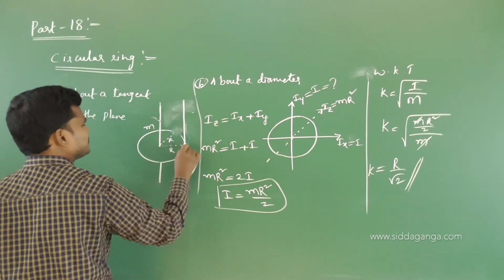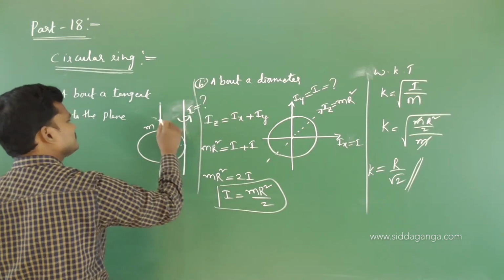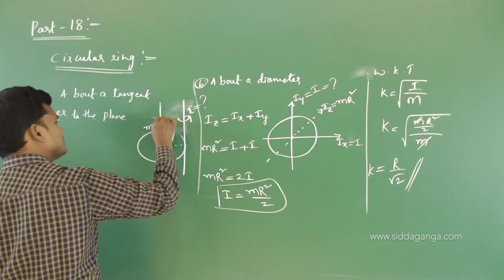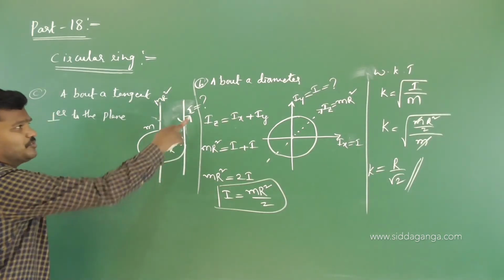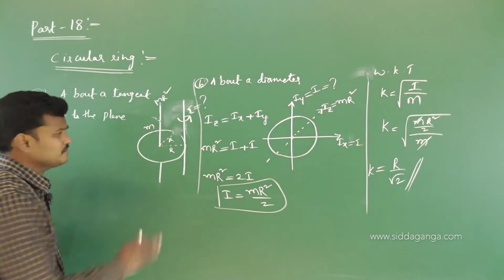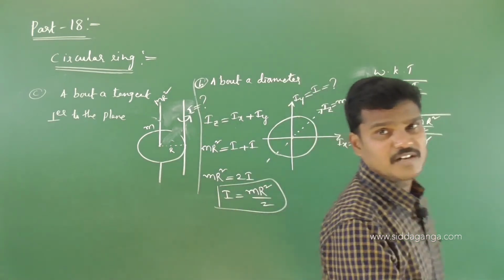So about this axis, our target is to find this value. This is already done. About this line, we got it as mR square. About this axis, see how these two axes are parallel to each other. Then you can go for the parallel axis theorem to get the answer.